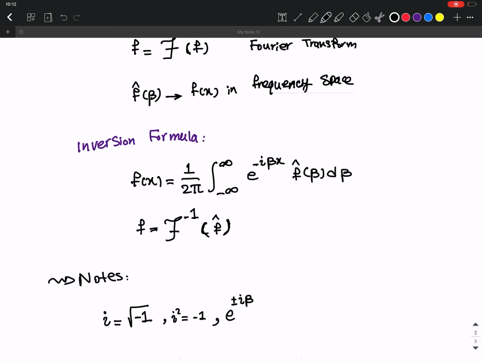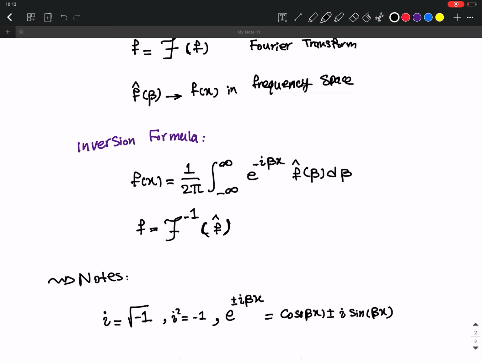This is a very important property of e to the power of i, the complex number, and that is e to the power plus or minus i beta x equals cosine beta x plus or minus i sine beta x.